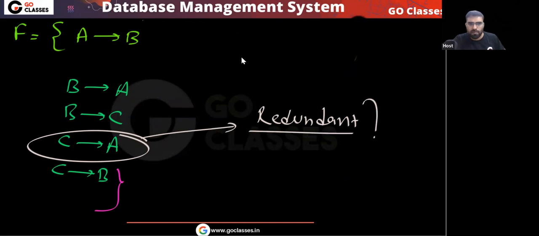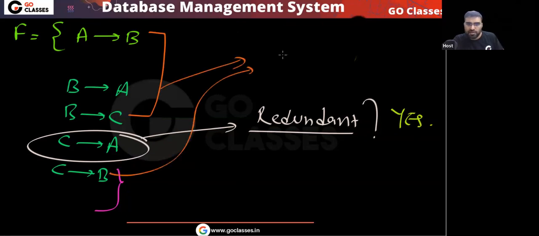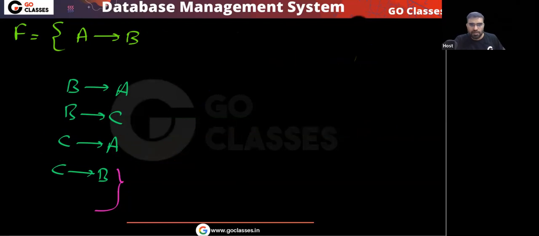Is this redundant? What is your answer? The answer is yes. This is redundant, right? Because in the remaining, what is C plus? That will be C, B. B can determine A. Yes or no? So this is redundant. So I can delete this.